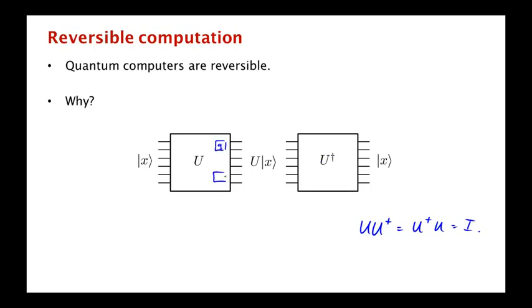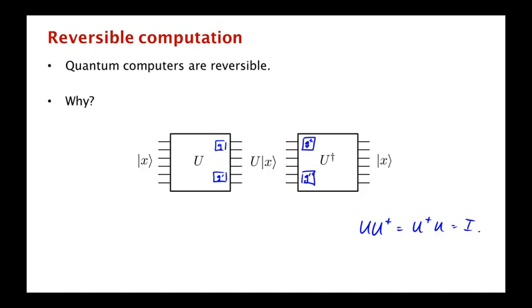In fact, there's something even more that's true, which is that if you look at the gates inside of U, in U dagger you just create the corresponding gates G dagger, G prime dagger, and so on, in the opposite order.